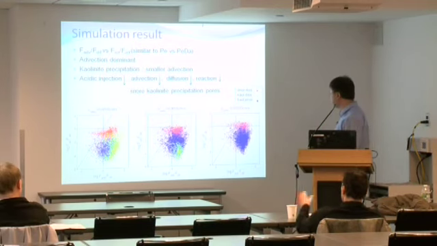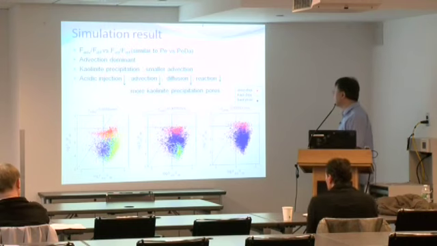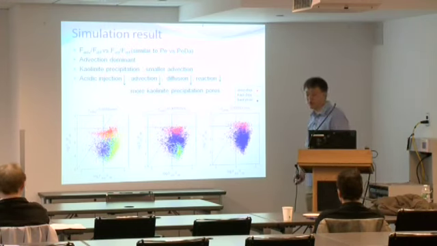But anyway, this region, the first quadrant, is the advection dominant region. So this problem, for all the injection rates, is an advection dominant problem.